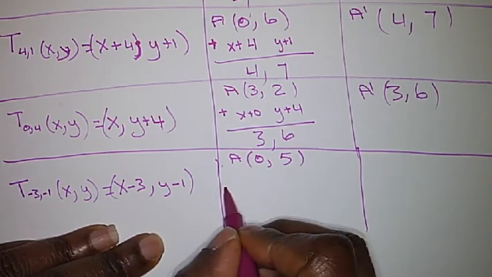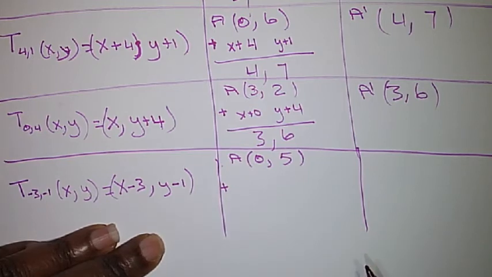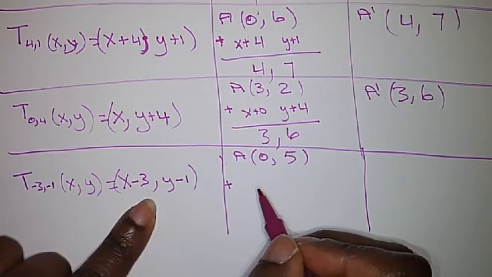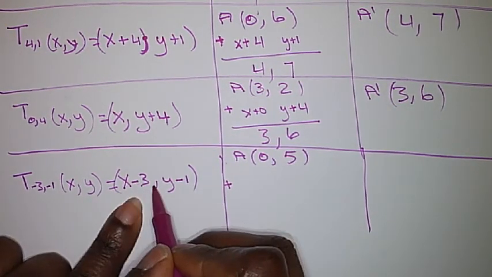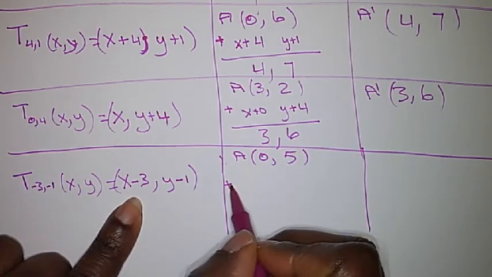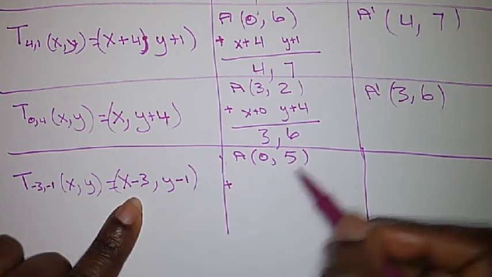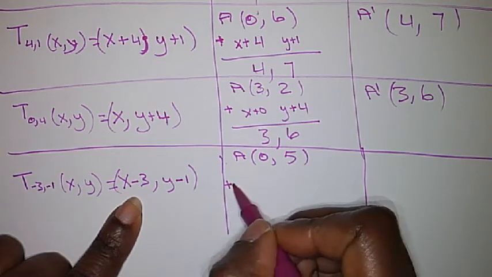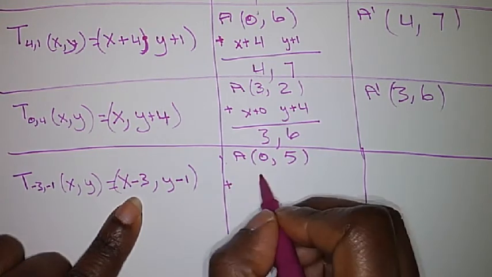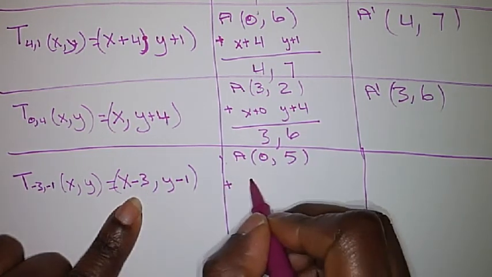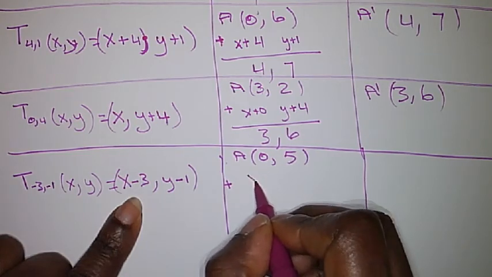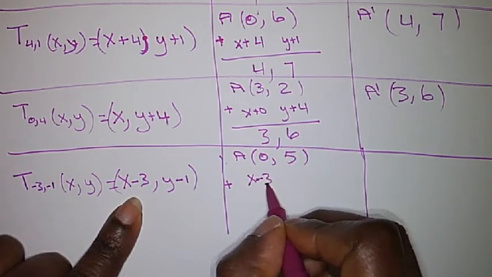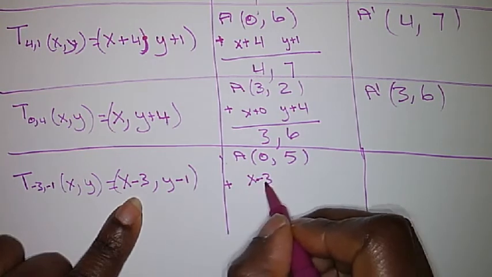So remember we are adding. I did say subtract 3 before. But when we're performing, we're doing addition. So I'm going to add -3. So X -3, I'm going to add this to 0.